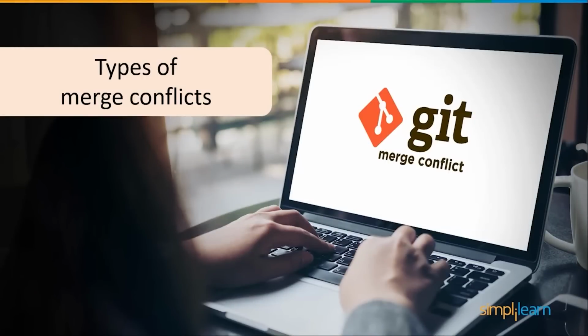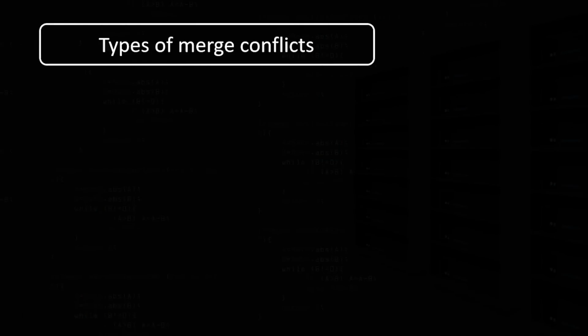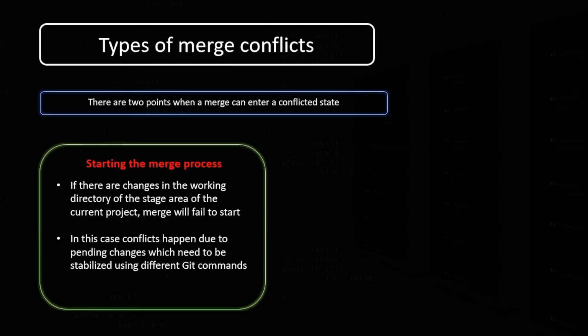Now, what are the different kinds of merge conflicts which we normally face? First of all, there are two points where a merge can come into a conflicted state. The very first one is when starting the merge process.